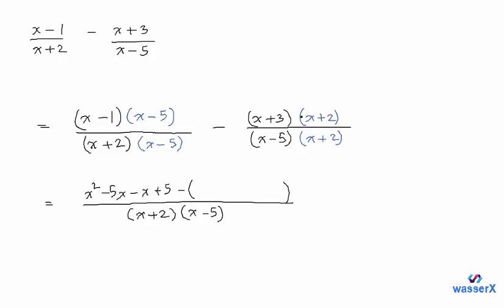We have x times x, which is x squared, plus 2 times x, plus 2x, plus 3 times x, plus 3x, plus 3 times 2, which is 6. And we could actually combine these two. Let's go ahead and do that. 2x plus 3x is 5x.